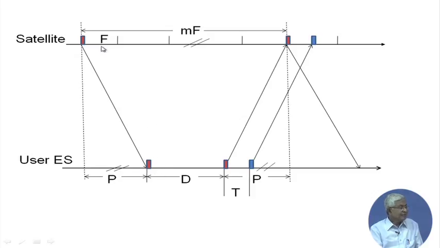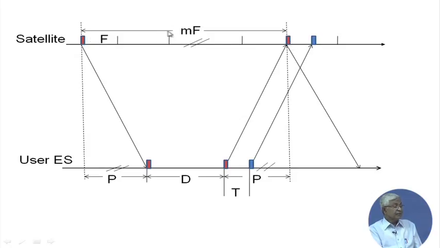and then let us assume that you yourself are a reference burst, you are transmitting. Then with respect to the reference burst, the allotted time t is to you. If you transmit with respect to that reference burst, you will reach the satellite with the propagation delay after the reference burst.